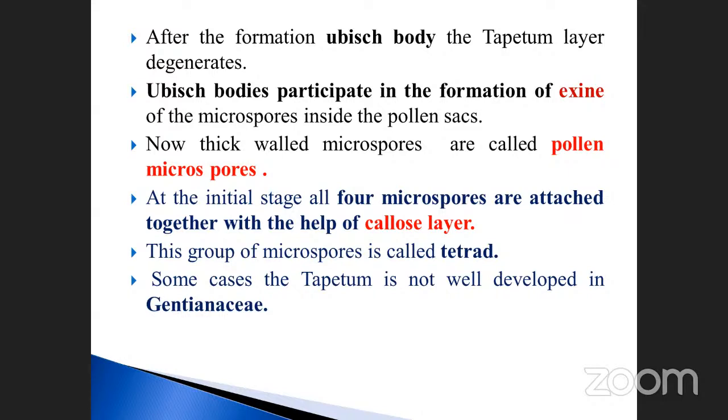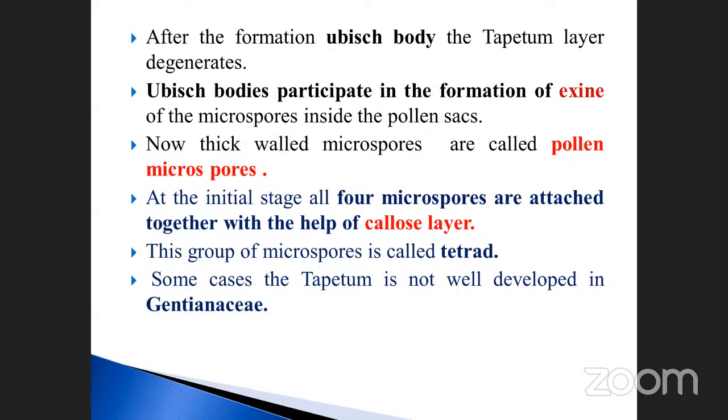In some cases the tapetum is not well developed. In some families, such as Gnetaceae, it is completely absent or not well developed. Tapetum is very, very essential for supplying nutrition to the pollen grains.